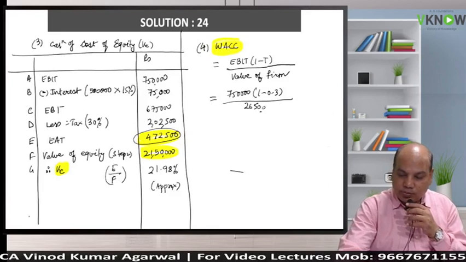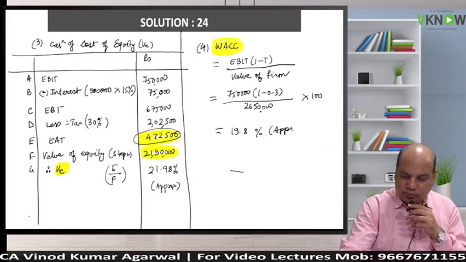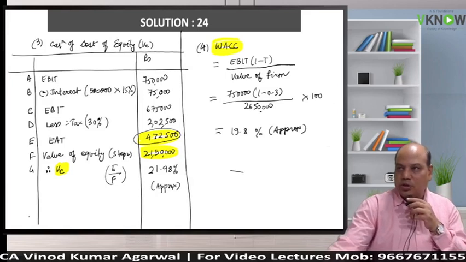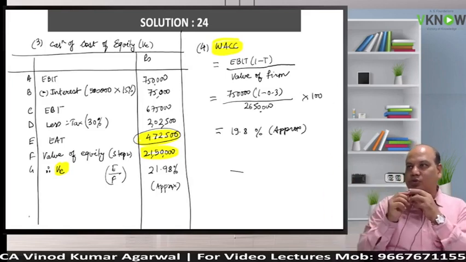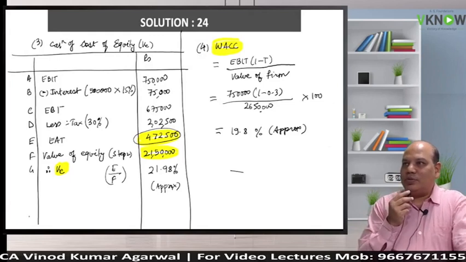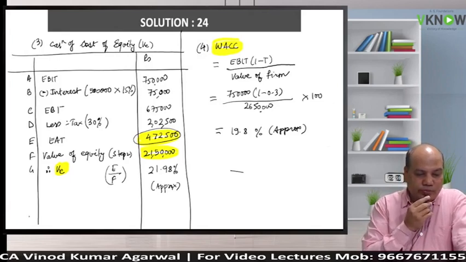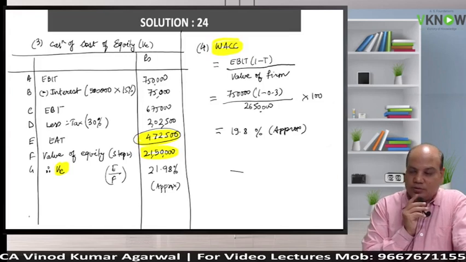Multiply by 100 once you get the answer: 19.81%, around 19.8% approximately. This is a shortcut way. Otherwise you can prepare a table with source, amount, weight, cost, weight into cost. You can see in the study material that the institute has prepared a table to reach that answer. The final answer is 19.8%.